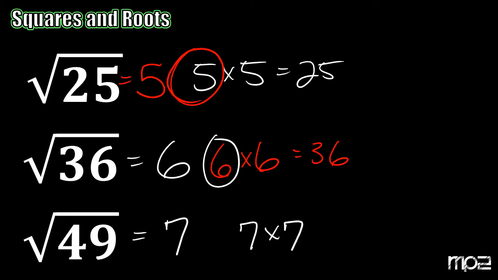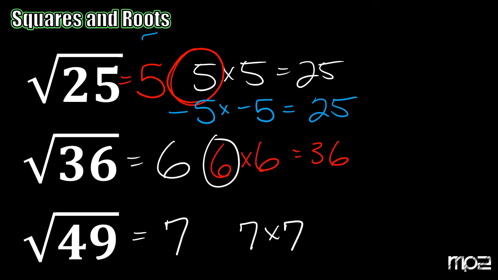And you might say, Mr. Peterson, wait a second, there might be another option for the square root, maybe of 25. You might remember from integer operations that -5 times -5, because a negative times a negative will give me a positive. So actually, I can say that the square root of 25 has two answers.